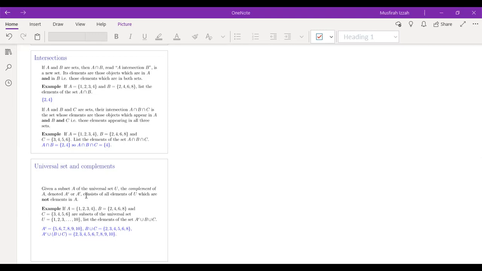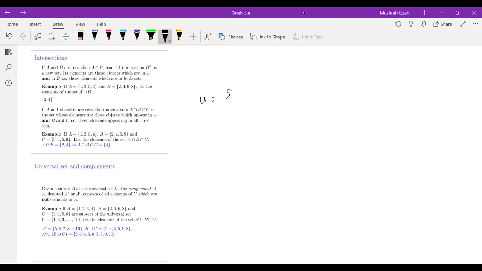So, kalau dia kata A complement, dia dah tahu universal set awak dia bagi dekat awak kan. Universal set awak adalah 1 hingga 10. Titik ni dia bagi hingga 10 lah.